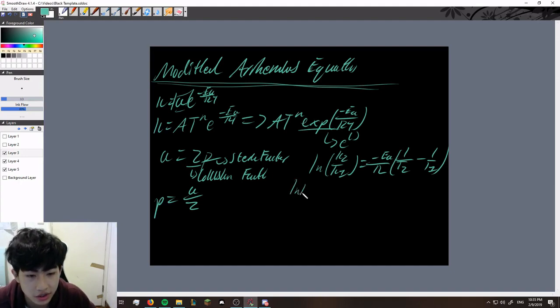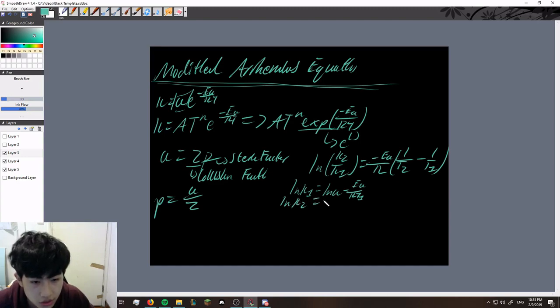We have ln K1, our first rate constant value, equals ln A minus EA over RT1, our first temperature value. And we also have ln K2 equals ln A minus EA over RT2. This is our first equation, this is our second equation. Now we can actually rearrange our first equation to make ln A the subject.